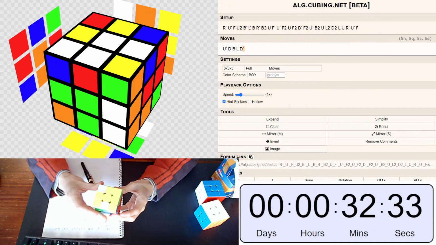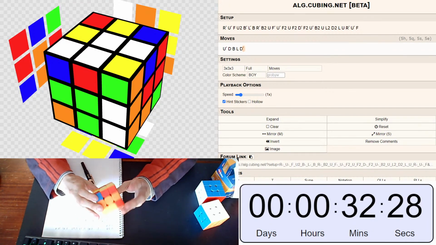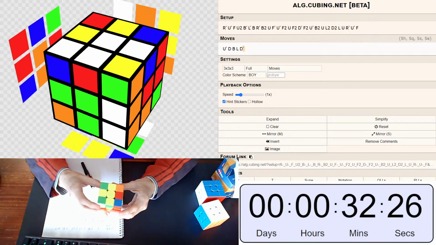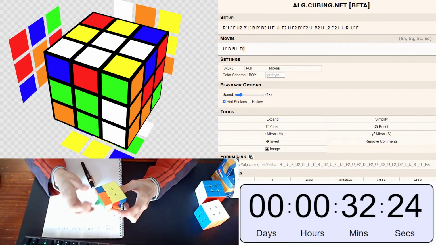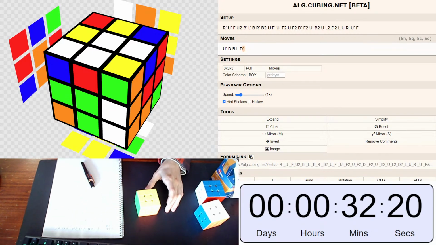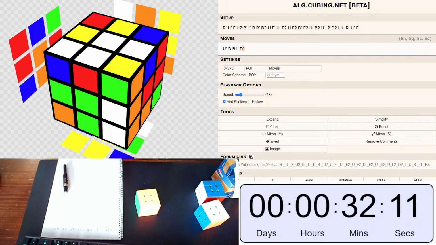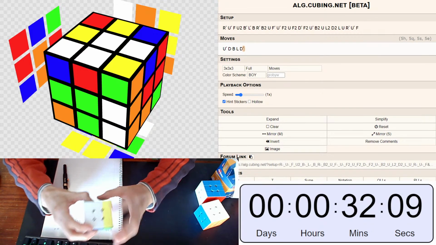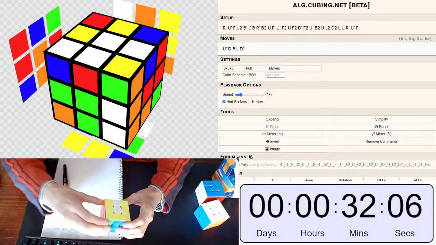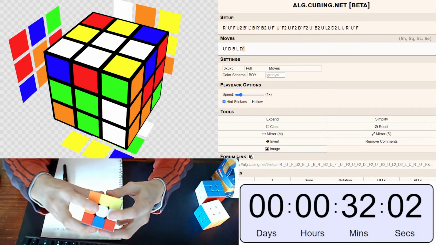Alright, so now I'll just solve it and go back to where I was. Okay. Switching back doesn't seem to be a good idea, and I'll switch back after my blocks. So L2, B2, R2, D, L prime, B prime, D prime, U, inverse scramble.